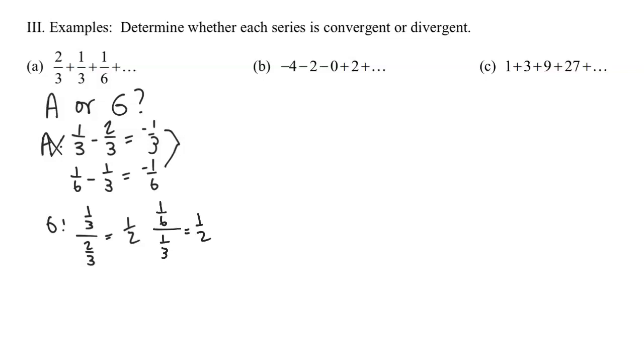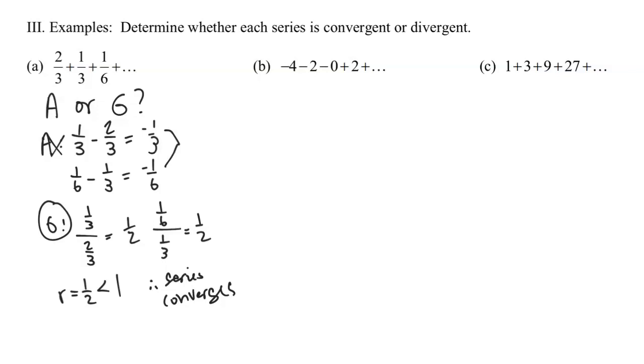And so I notice that this series is geometric, and more importantly, it is geometric with a ratio of 1/2. And from the previous set of notes, we know that that means that this series will converge. And so that's what we will say here: this infinite geometric series will converge since that ratio is smaller than 1.